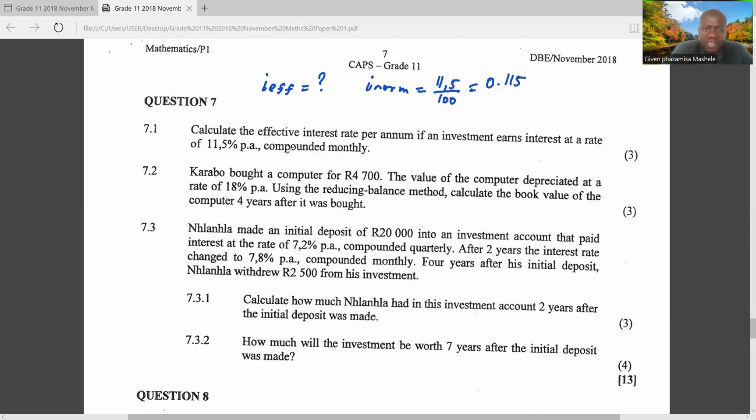But here they're saying it is compounded monthly, which means the compounding period is 12, because a year has 12 months. So the formula for converting the nominal to effective is this one. It says the effective interest rate is equals to 1 plus the i nominal divided by the compounding period m, to the power of m, minus 1.